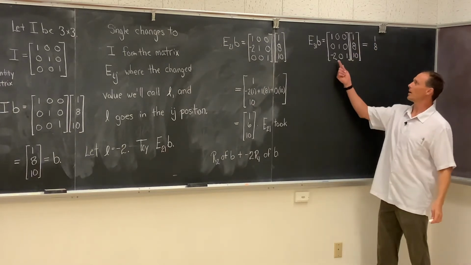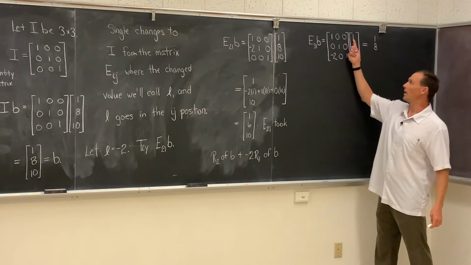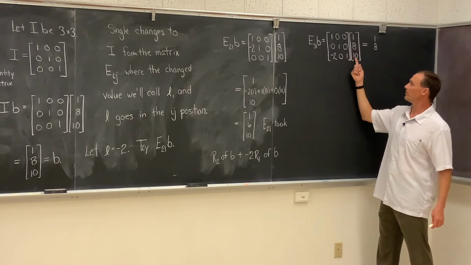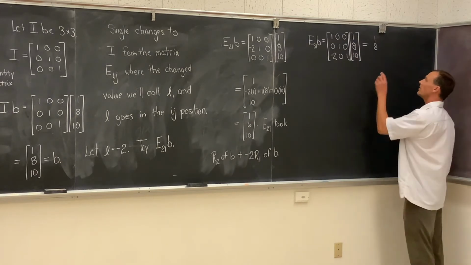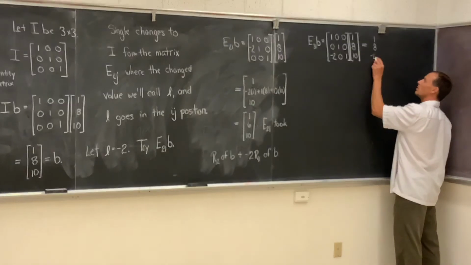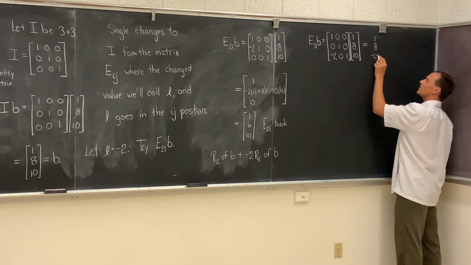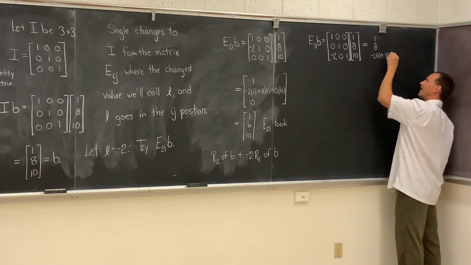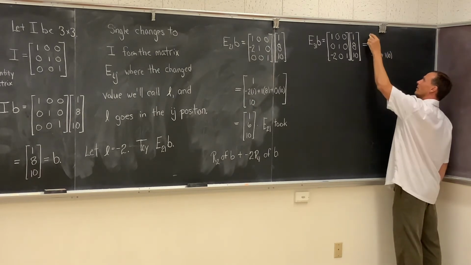This says you take -2 of row 1, nothing from row 2, and you take 1 from row 3. So this becomes -2 times the 1 plus 1 times the 10. That's the row 3 position.